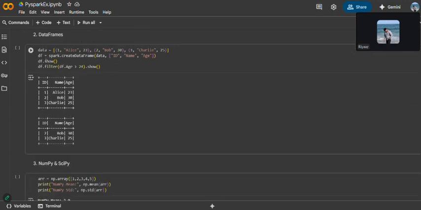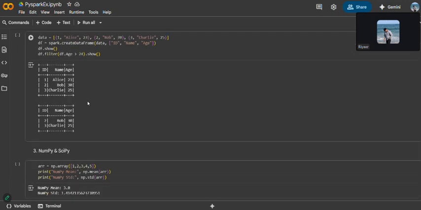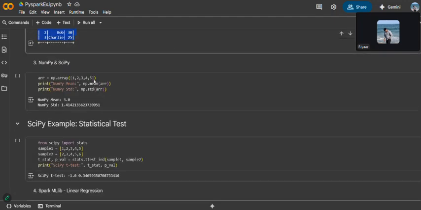Here we are printing df.show, which shows the data we have given. Then df.filter(df.age greater than 24).show shows the data where the people have age more than 24. So that's why we are getting 2, 3, Bob, Charlie, 30, 25. Here we are getting ages more than 24. That's why we are using DataFrames.